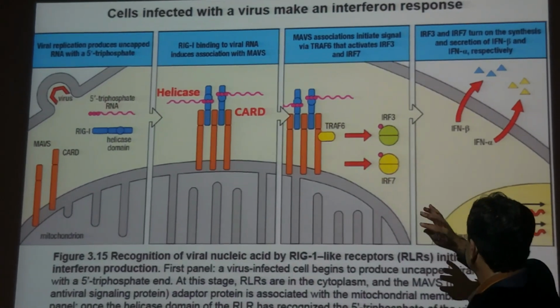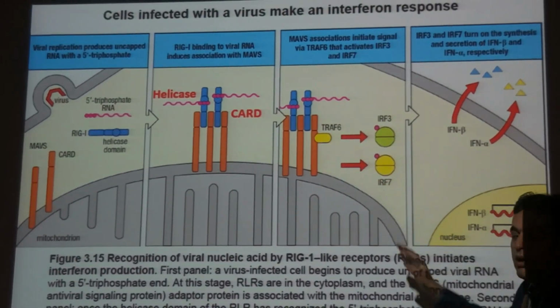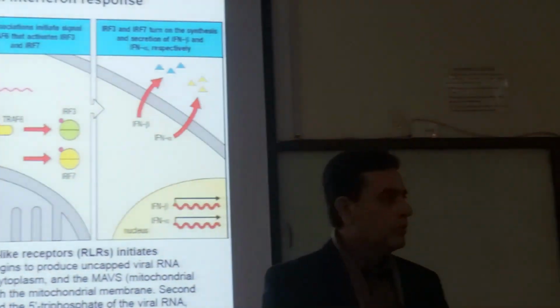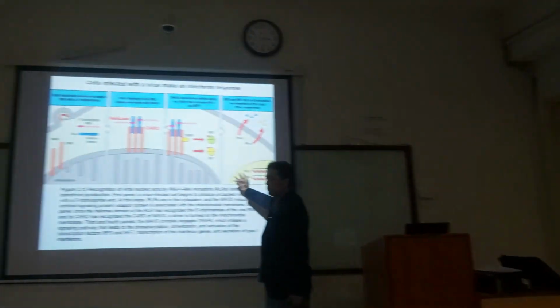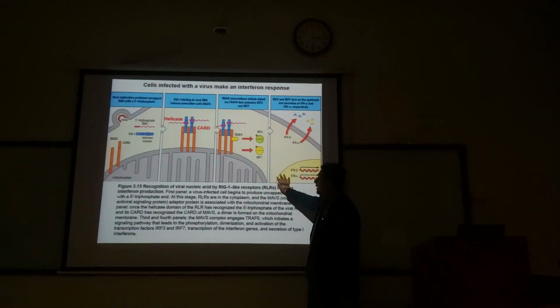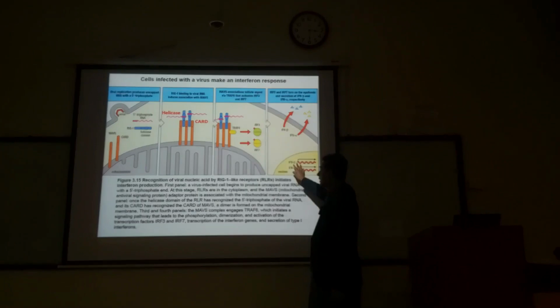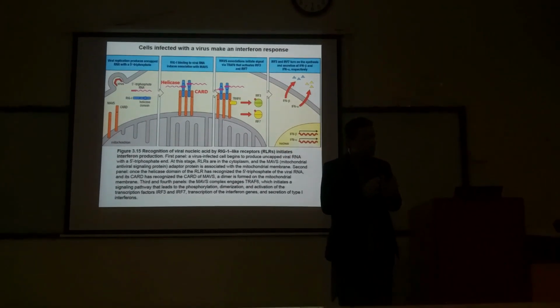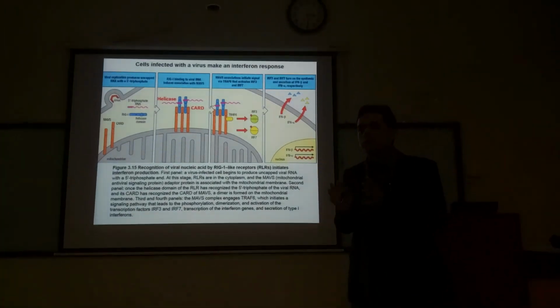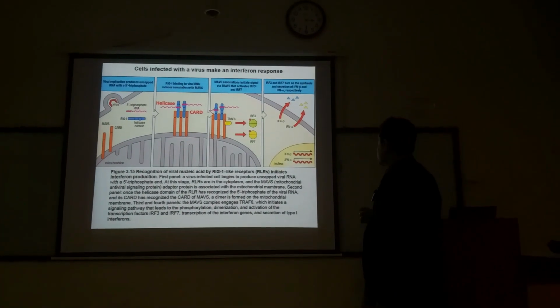And these factors now are able to be translocated into the nucleus. They, upon activation, will be translocated to the nucleus. Okay, so when they enter the nucleus, they have got specific genes to go there and bind to their promoters. What are those specific genes?